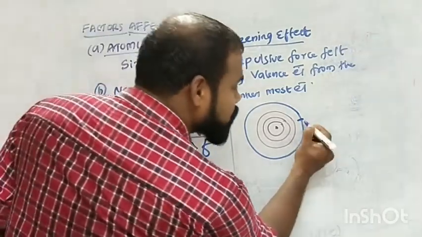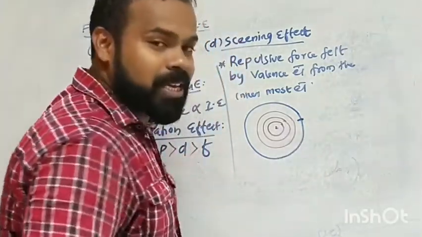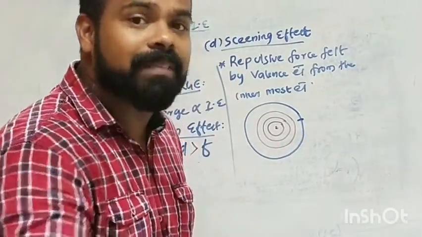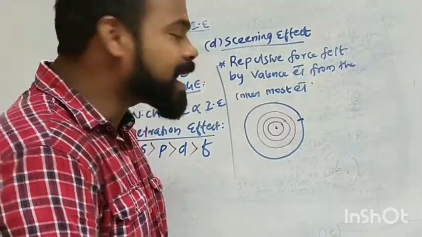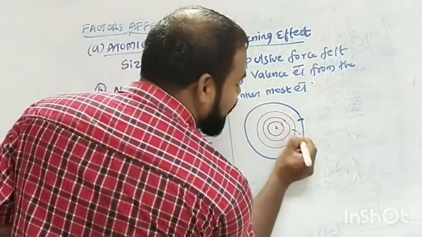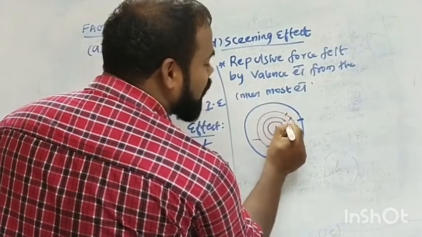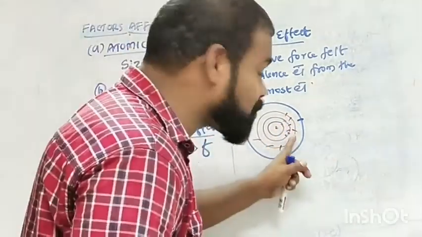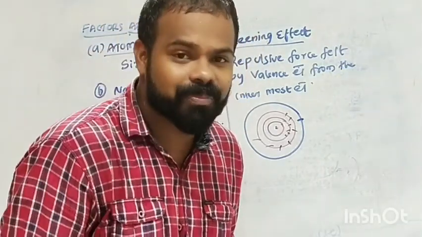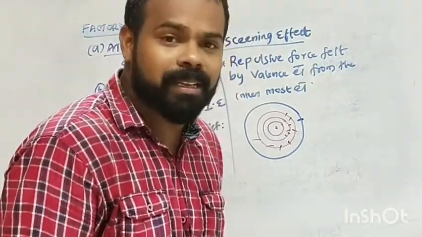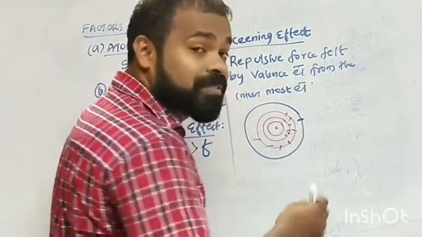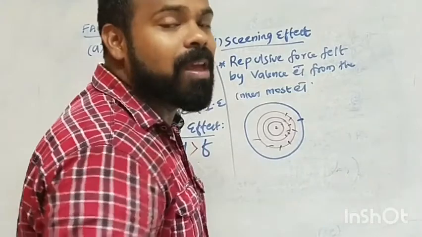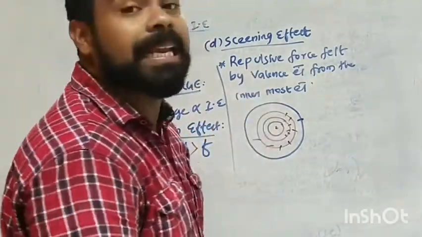Now here, these two have attraction. The nucleus and the outermost shell electron have attraction, because one is positive and the other is negative. But some other members are located here. A number of electrons are located here. Sure, they will repel together, because this electron also has the same charge. Negative will repel negative. How much repulsive effect will occur there? That repulsive effect arising for the outermost electron is called the screening effect.